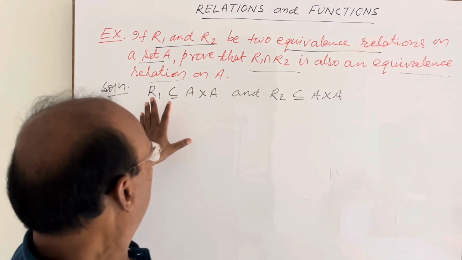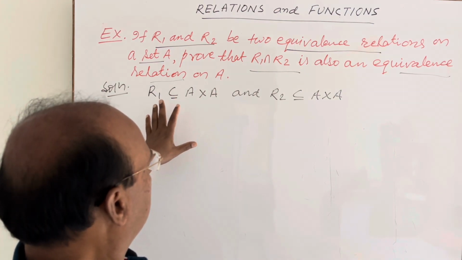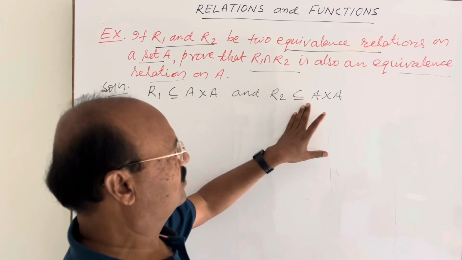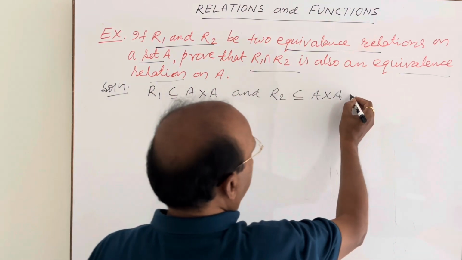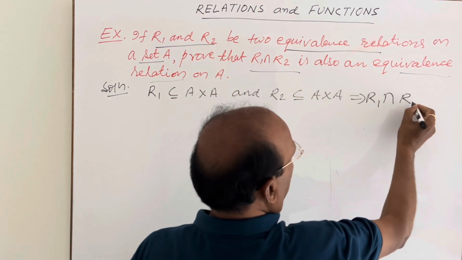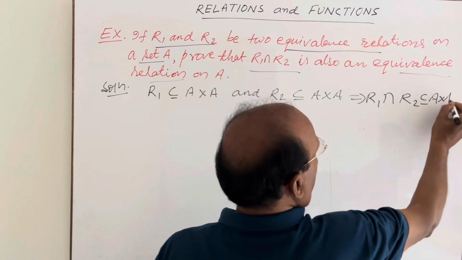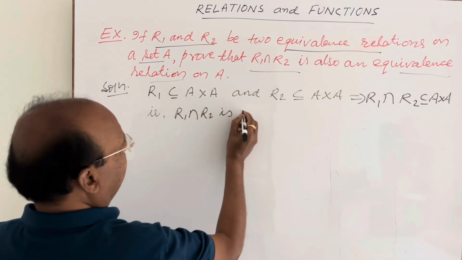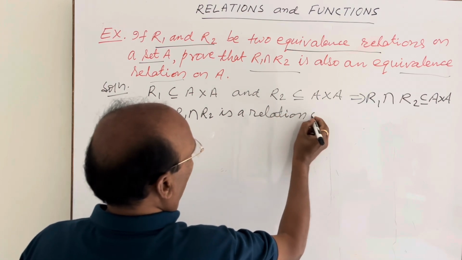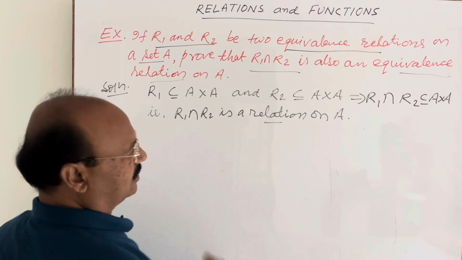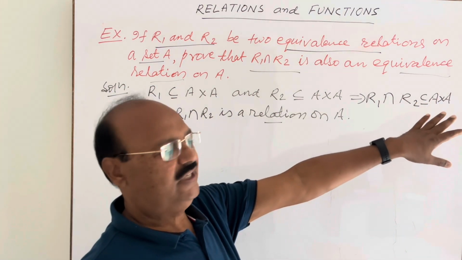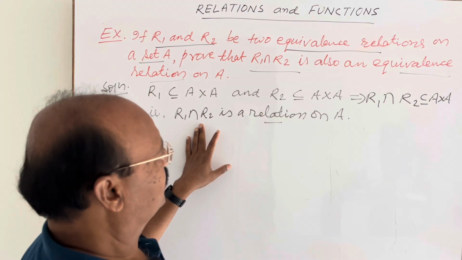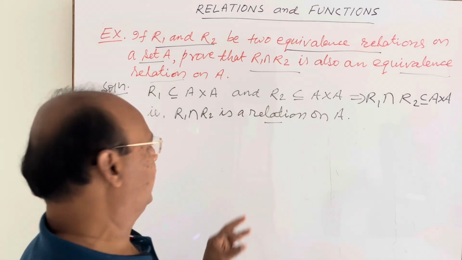Here, as R1 is a subset of A cross A and R2 is also a subset of A cross A, this implies that R1 intersection R2 is a subset of A cross A. It means R1 intersection R2 is a relation on set A. Now we have to show that this is an equivalence relation, so three conditions we have to prove: reflexive, symmetric and transitive.